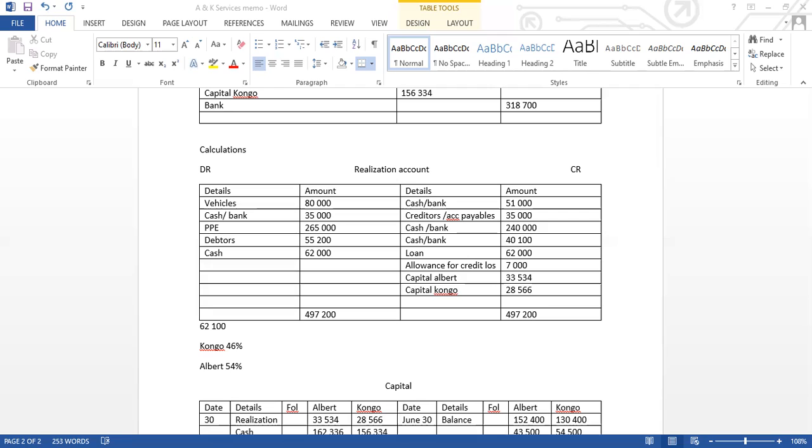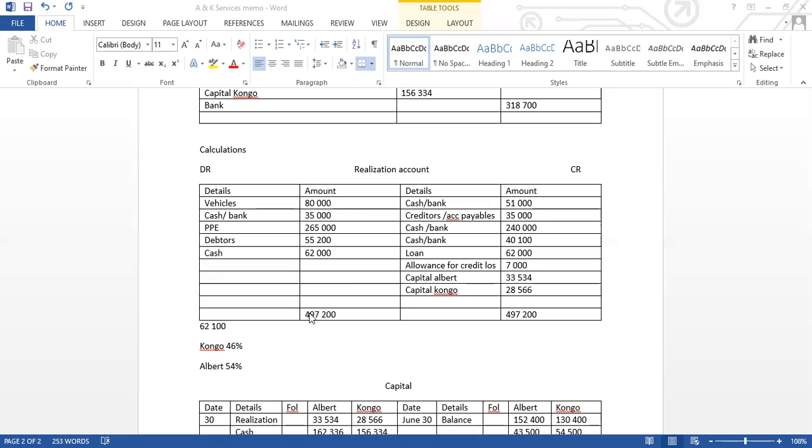Now, how do we close off our realization account? It's by working out or balancing our realization account. So let's balance off our realization account. First you add the debit side, then you get your amount.